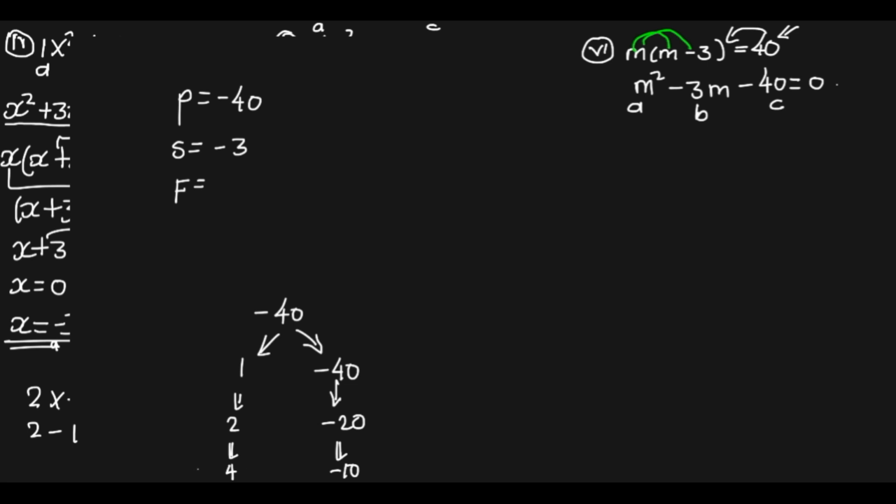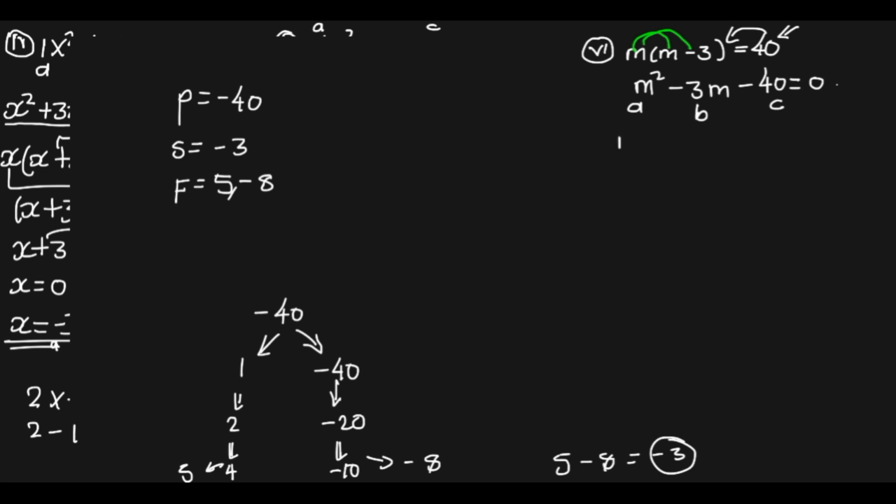Now let's try 5. 5 into negative 40 is negative 8. So what if we add 5 minus 8? We can see that here we are able to get the negative 3 that we are looking for. So the factors for this particular problem are 5 and negative 8.